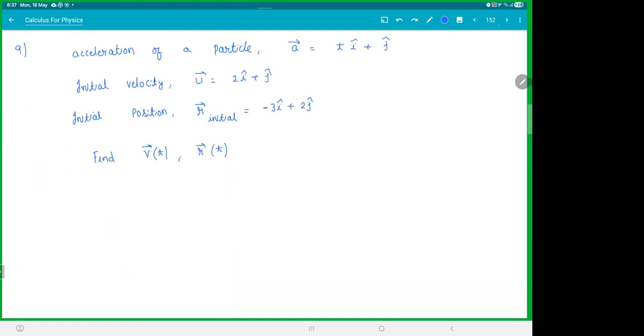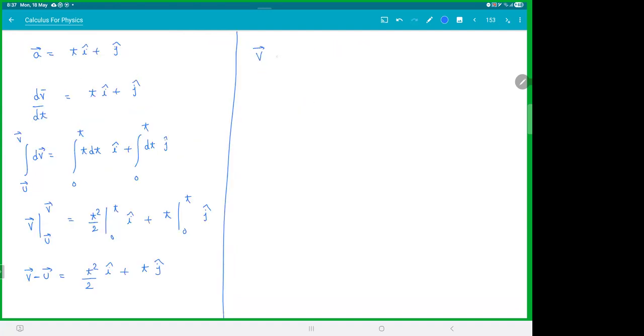I'll just shift it that side, which is 2i plus j. Then bring all i caps together and j caps together. Check, that's your velocity.